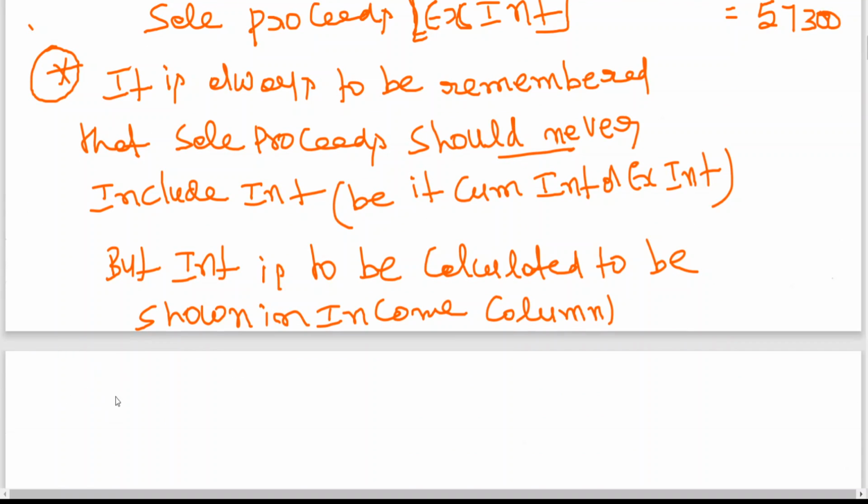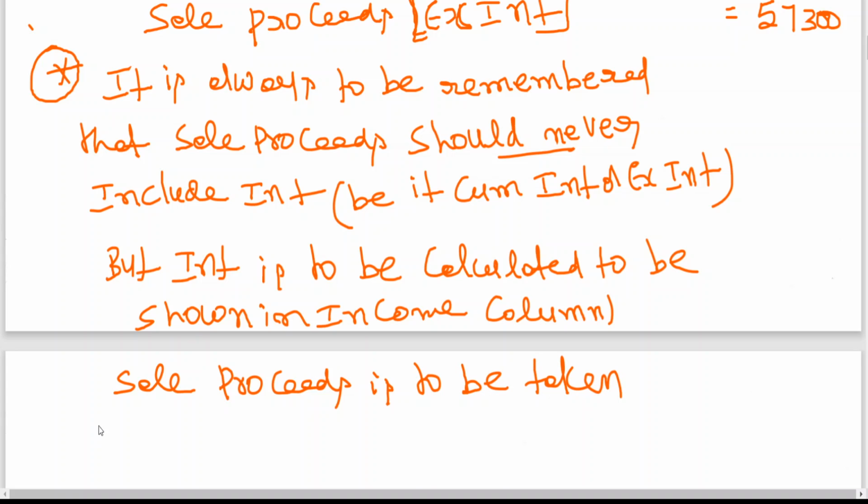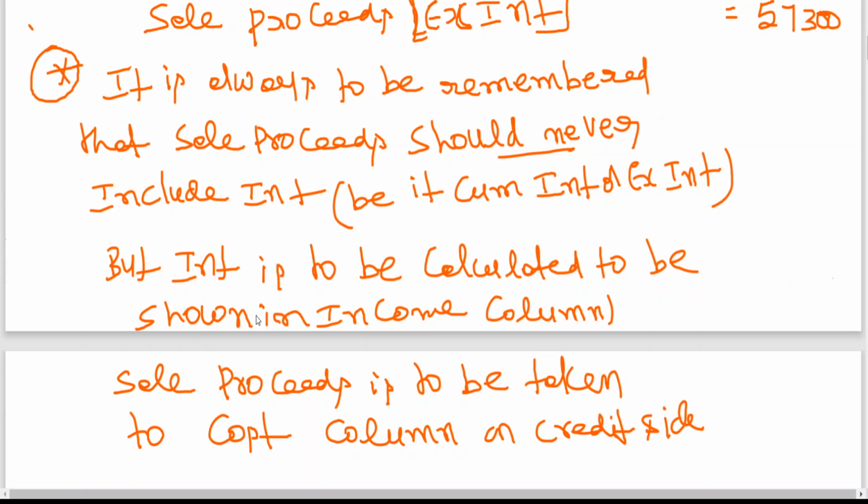And also one more point you should remember. It is to be taken to the cost column on the credit side. This stuff, don't write in the examination.